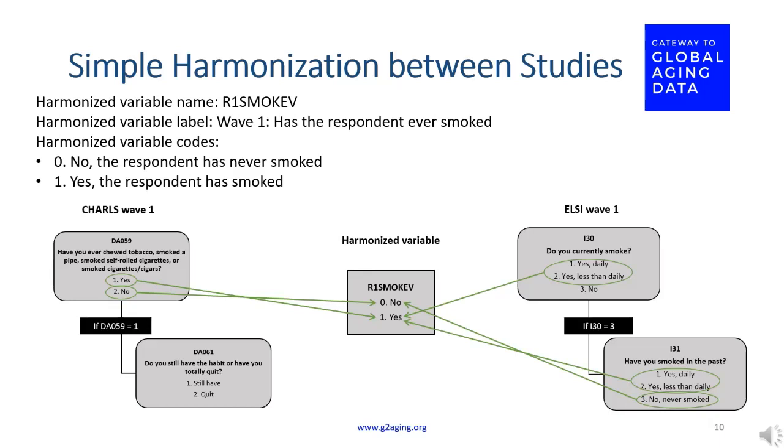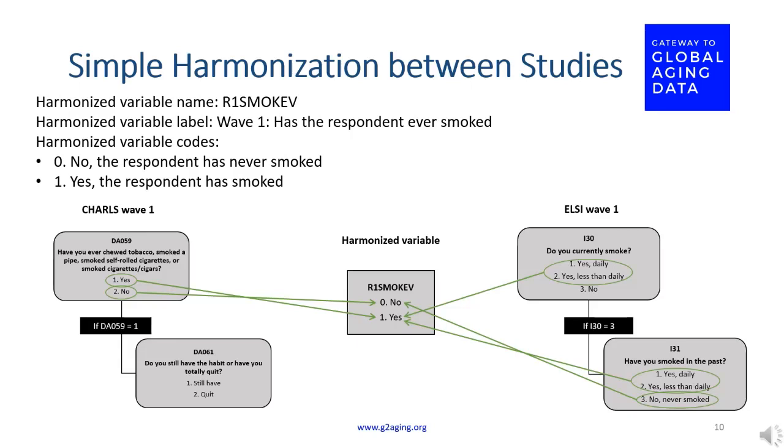However, we want to make sure that our harmonized variable is comparable between different harmonized datasets. So on the right, we have ELSI, which is the Brazilian sister study of CHARLS. At wave 1, ELSI respondents are asked, do you currently smoke? The respondents can answer yes, they smoke daily, yes, they smoke less than daily, and no. And these responses are coded as 1, 2, and 3 respectively.